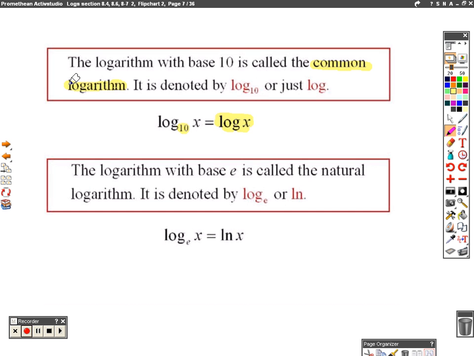Now the logarithm with base e, so we know what e is, right? e is 2.718 approximately, and it's called the natural base, so this is called the natural log. When you have a log base e, we're talking about natural log. Now, a lot of people think this is an i n, but it's actually an L. Some people do it like this, ln, kind of in cursive, the natural log of x.